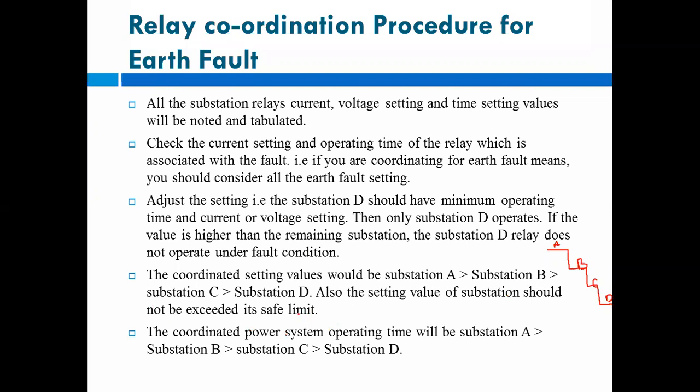So for the coordinated power system, the operating time of substation A will be greater. These are the setting values: if we set in such a way, the time required for operation of the relay at substation A will be more than the operation time of substation D. So this is relay coordination: we first have to set the values of current, voltage, and time.